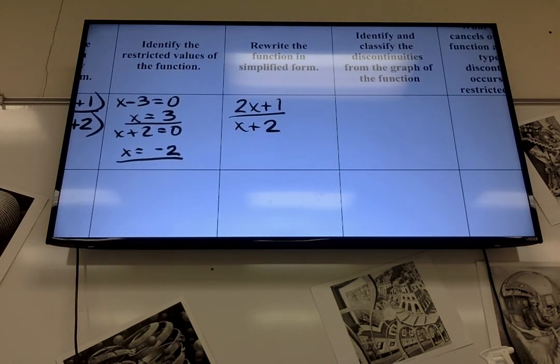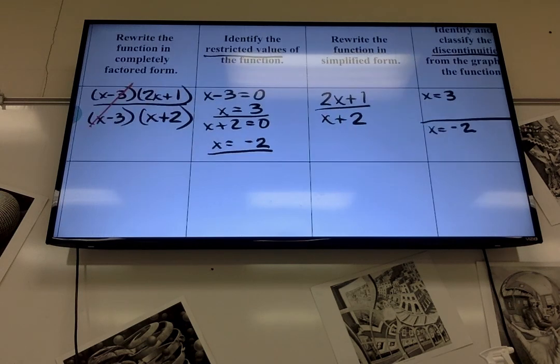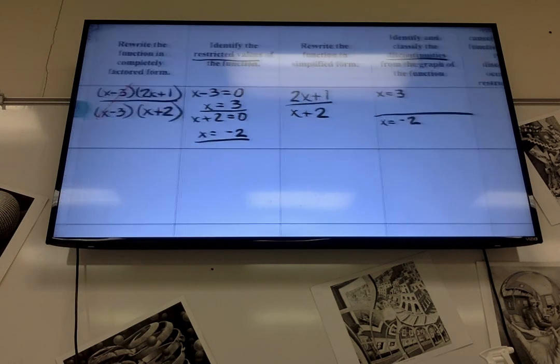So we're going to identify and classify the discontinuities or restricted values of the graph. So we have two of them. We have x equals 3 and we have x equals -2. What does x equals 3 cause?